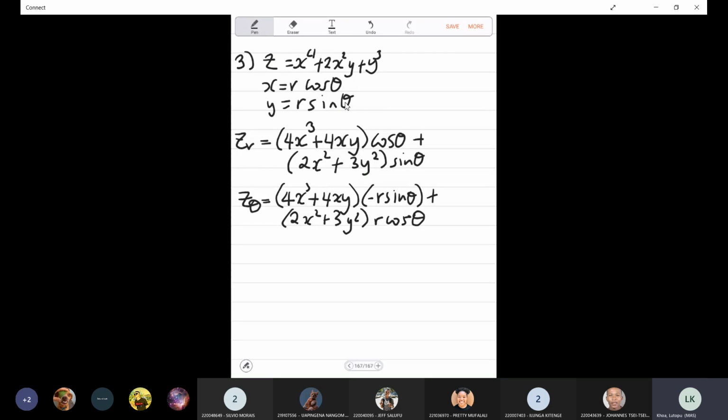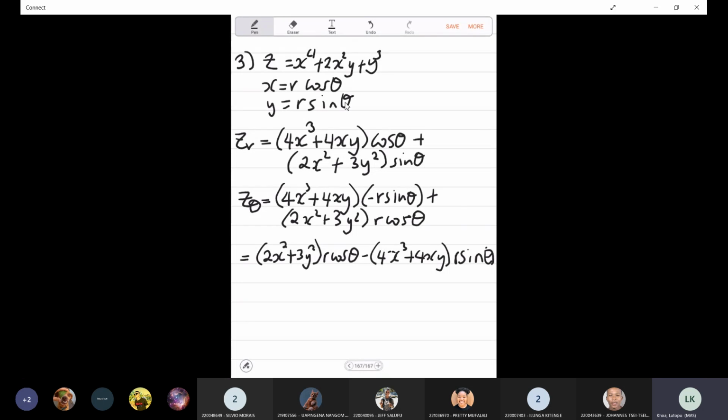Don't need to multiply out the brackets, but we can write the positive term first. So we have 2x squared plus 3y squared times r cos theta minus 4x cubed plus 4xy times r sine of theta. Okay, so that is our answer.